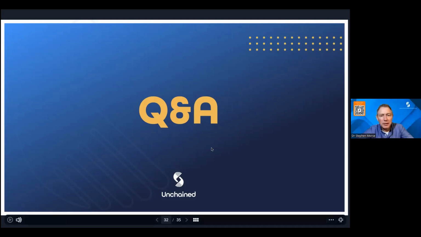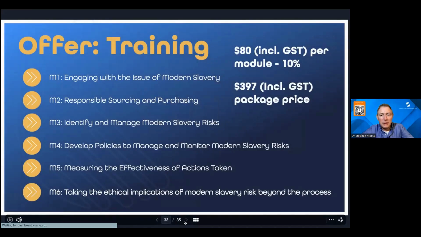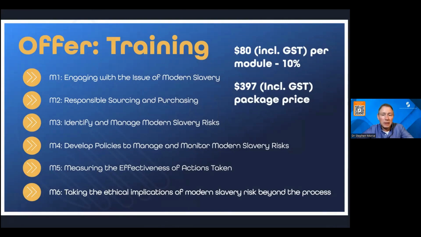You might have some more questions, and I do welcome the opportunity to meet and talk them through. As has been said in previous webinars, Unchained, in their partnership with APPA, have enabled members to access two key resources. One is training in the form of e-learning modules, which can be purchased individually or as a package price with a discount for APPA members.